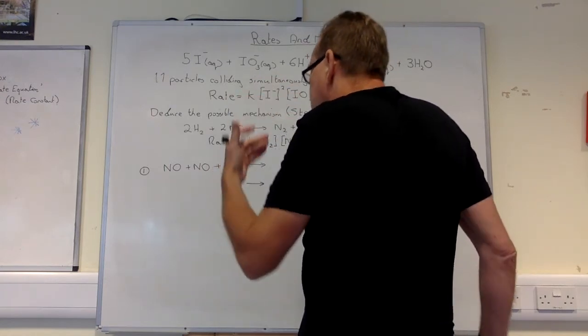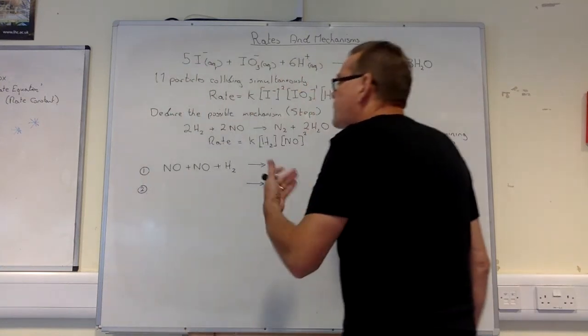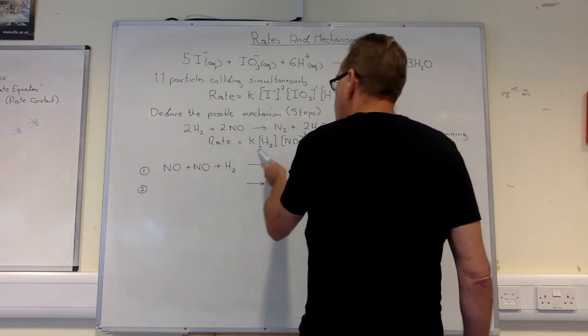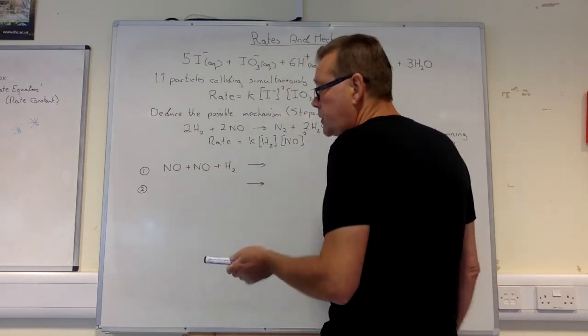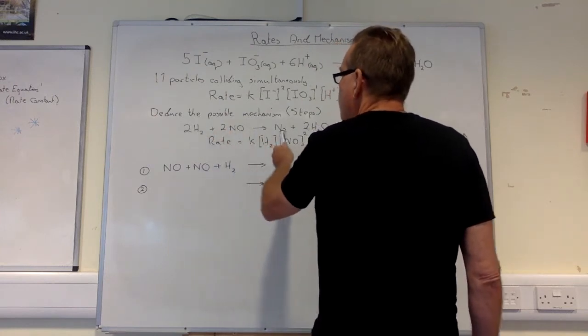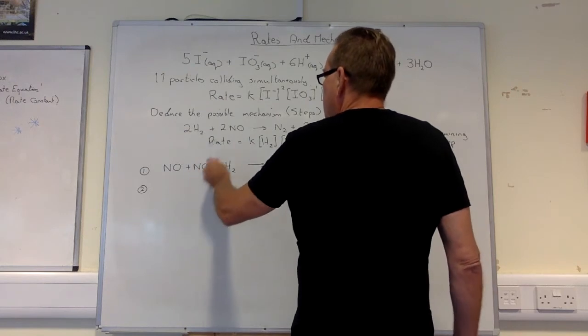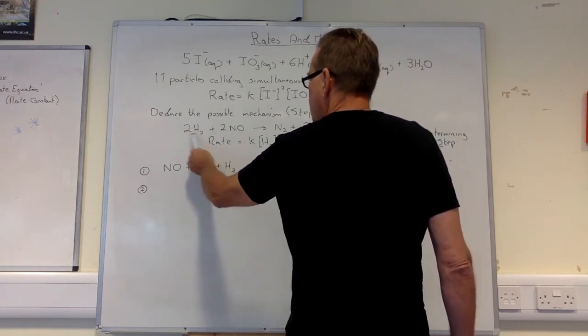The second step tends to be fairly straightforward because the second step, we've sorted the rate equation, we've covered it. The second step is the fast step, which purpose is to match the overall equation. If you look in the overall equation, I've got 2 of these and I've got 2 of these.